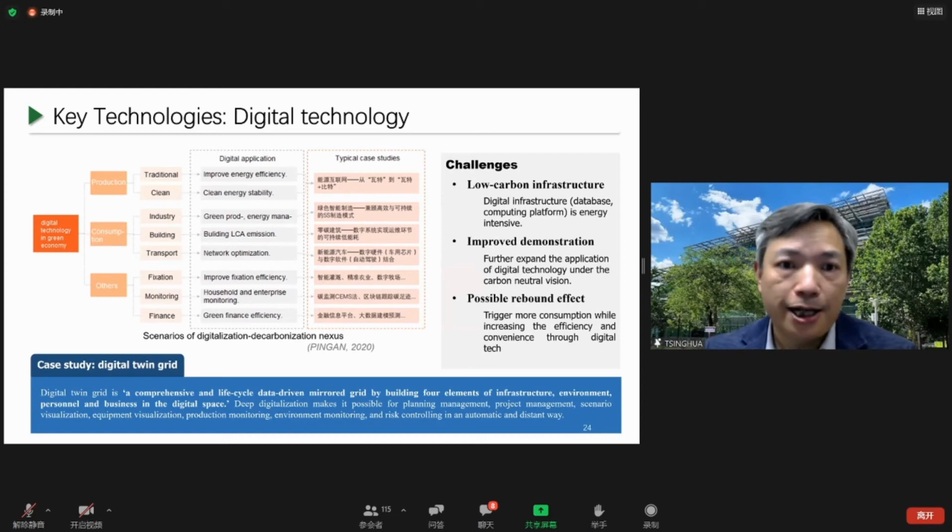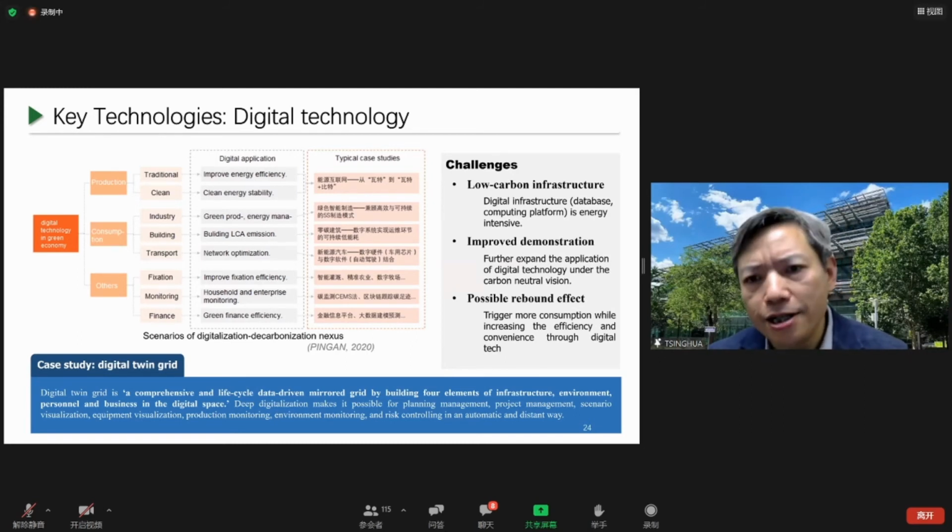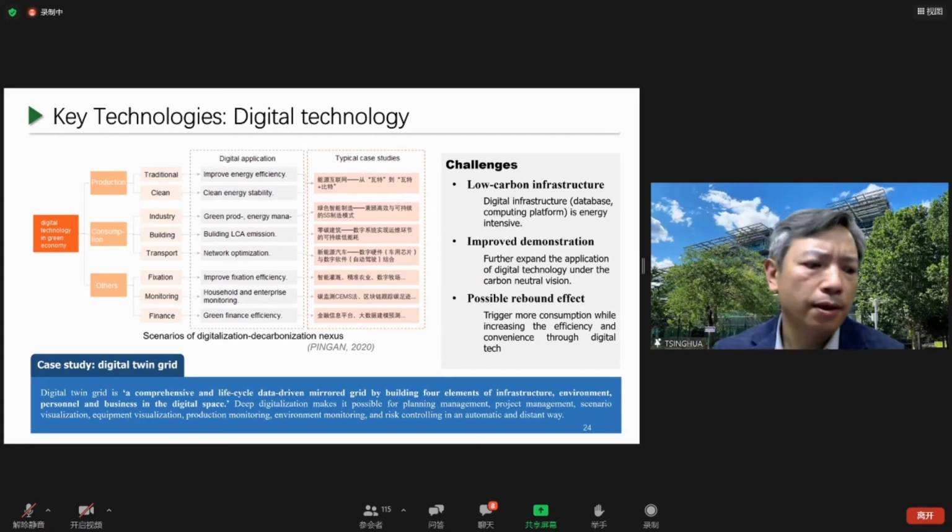Now, the last type of technology we would like to look at is digital technology, which is an important enabling technology in many areas of decarbonization. It can be implemented in energy production, distribution, consumption, and other cases for better management and higher efficiency.